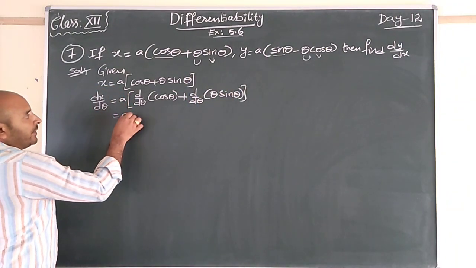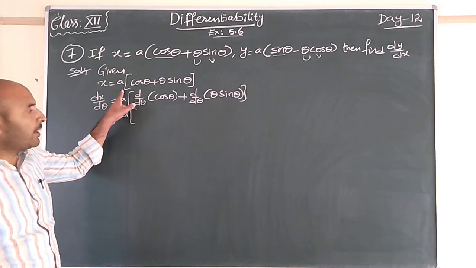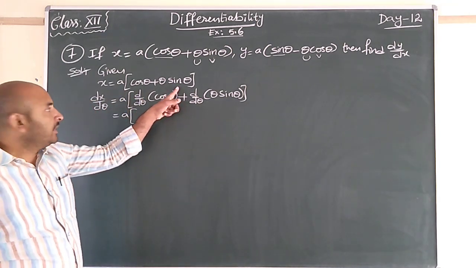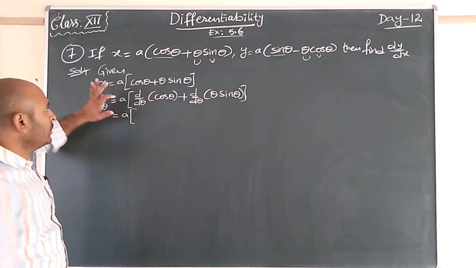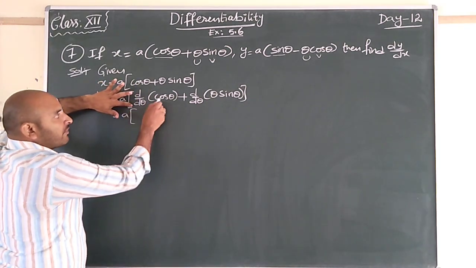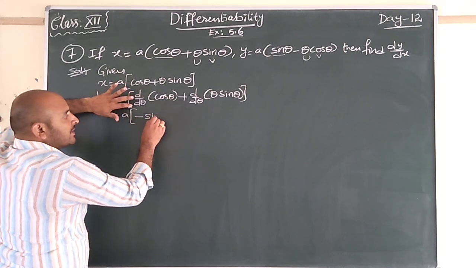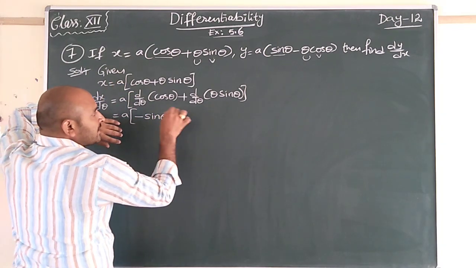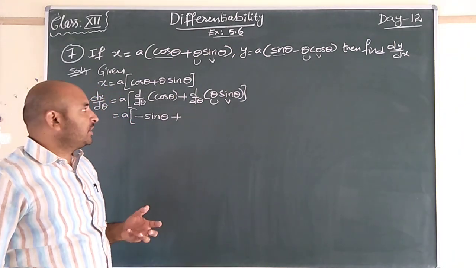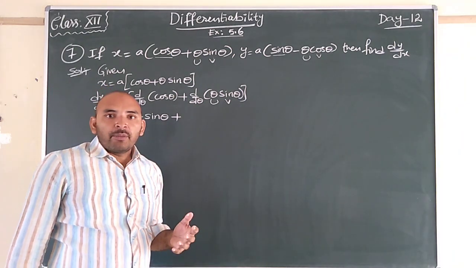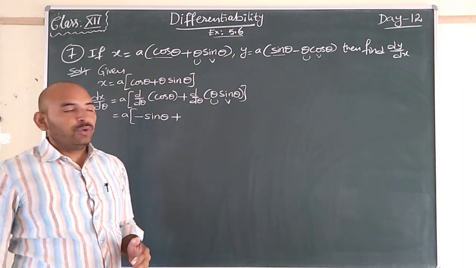It is equal to a into, and a is applicable for both terms, not only for the first term. So a into derivative of cos theta, which is minus sin theta, plus here the uv formula, product of two functions. What is the derivative of uv? uv dash plus vu dash.